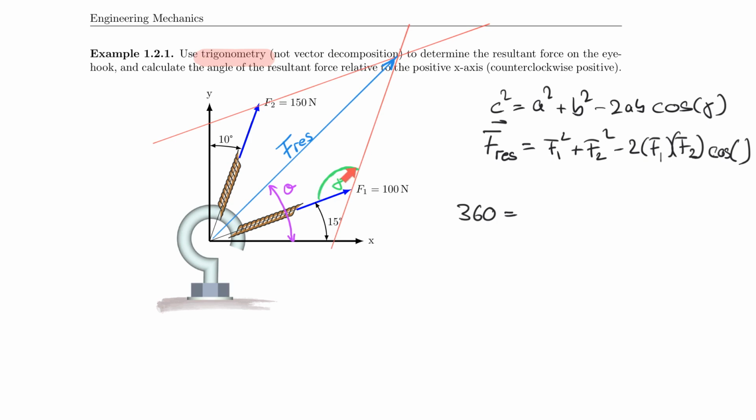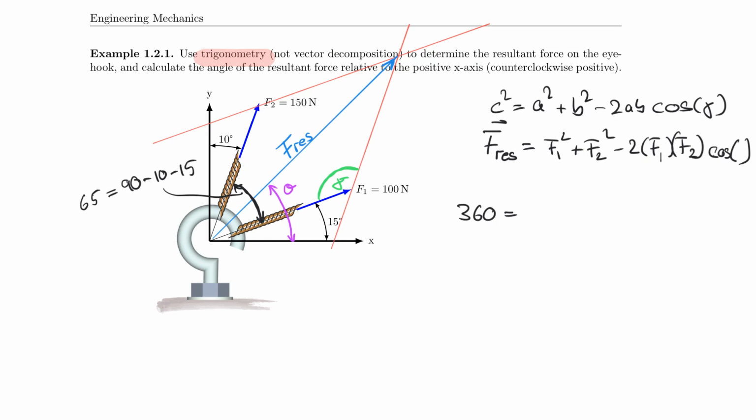I have this angle, which is identical to this angle, so effectively 2 gamma, and then this angle here. Let me identify that as well. This angle is equal to 90 minus 10 minus 15, so this angle is equal to 65.